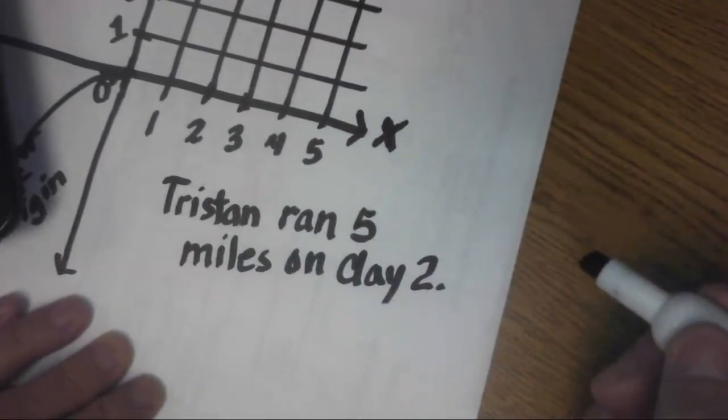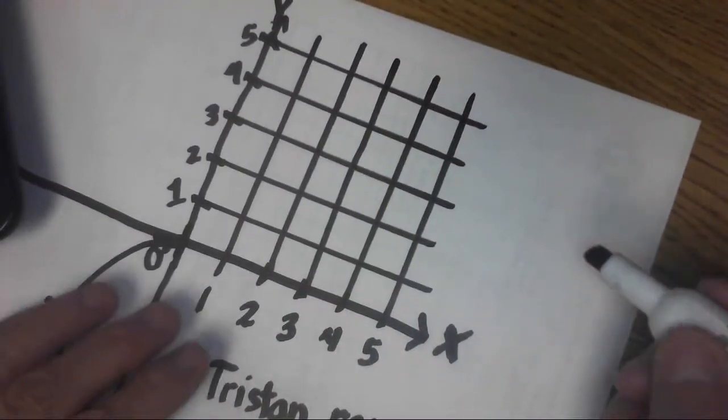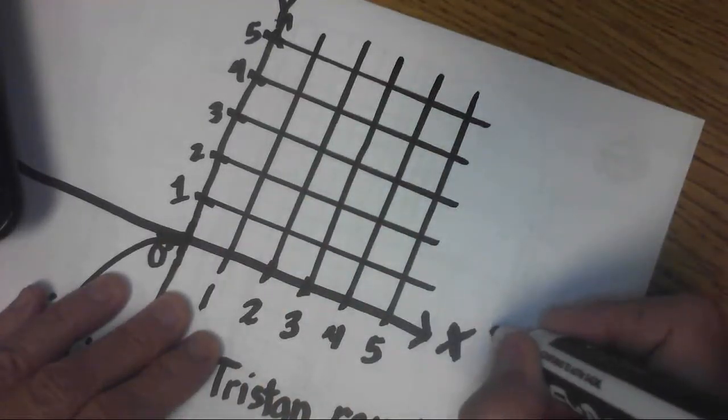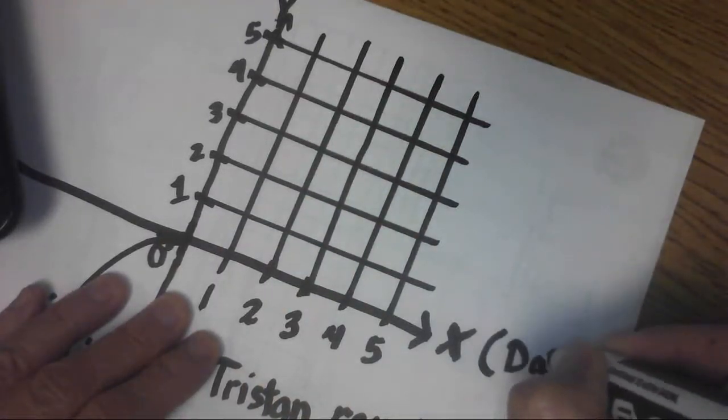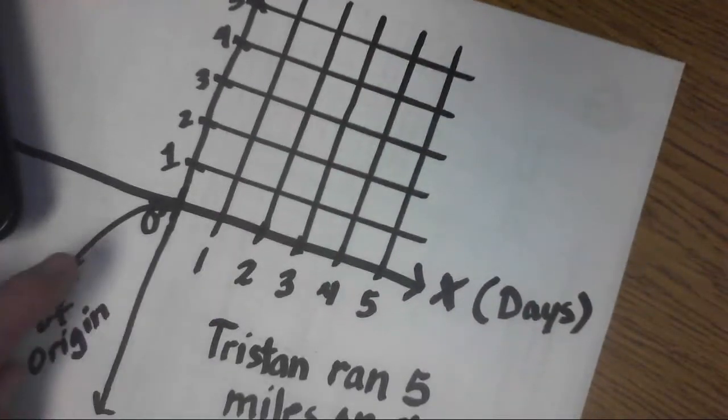We're going to plot that on our coordinate grid. This x-axis is actually the days, and we're going to label that as days. These are all the days that Tristan ran.